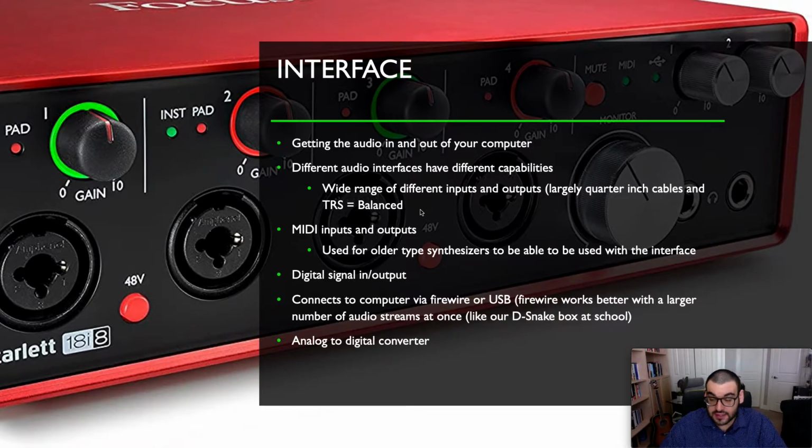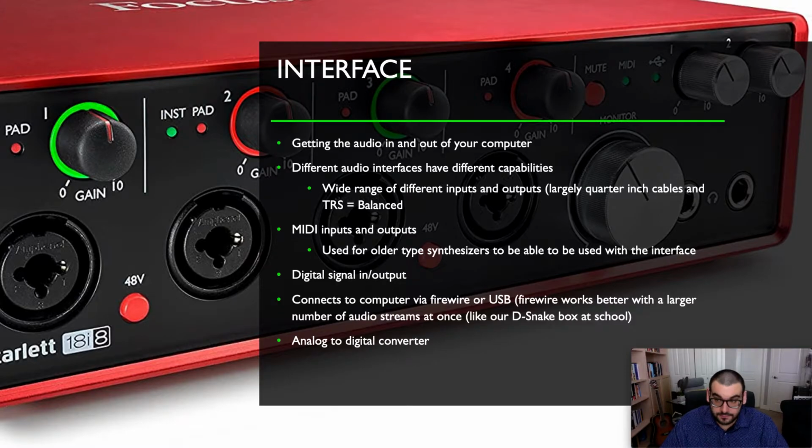The one that I use has 2 inputs and 2 outputs, but there are different sizes of interfaces out there. For example, the one in the background here that you see, okay, has 4 inputs and outputs, each with its own gain level and pad.